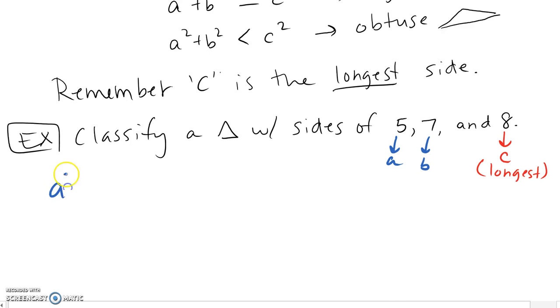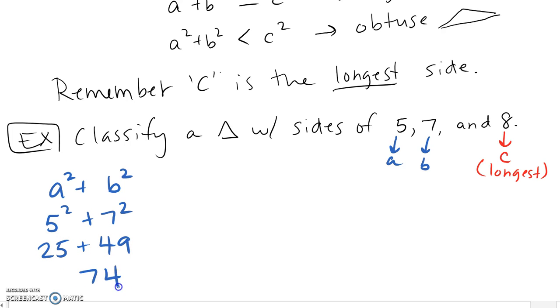So, A squared plus B squared, in this case, is 5 squared plus 7 squared. 5 squared is 25, 7 squared is 49. That comes out to 74. C squared would be 8 squared, which comes out to 64.